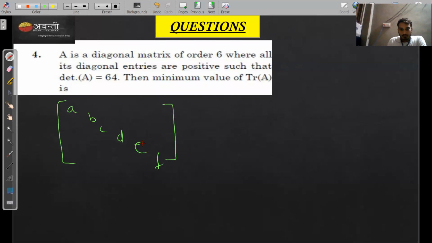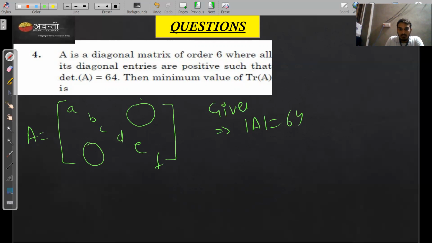Diagonal matrix means other terms are 0. That's why it is a diagonal matrix. And the question says its determinant is 64. Let's say this is matrix A, so the determinant of A is 64, which is given.